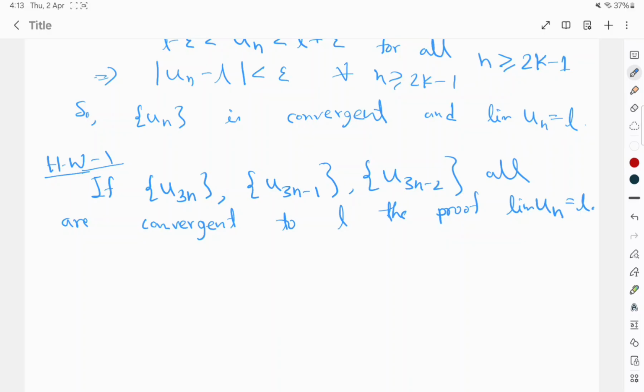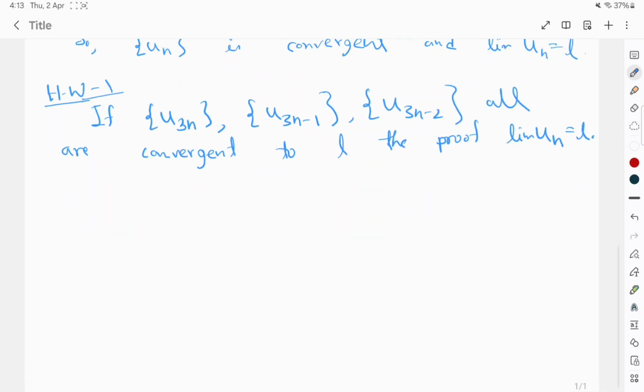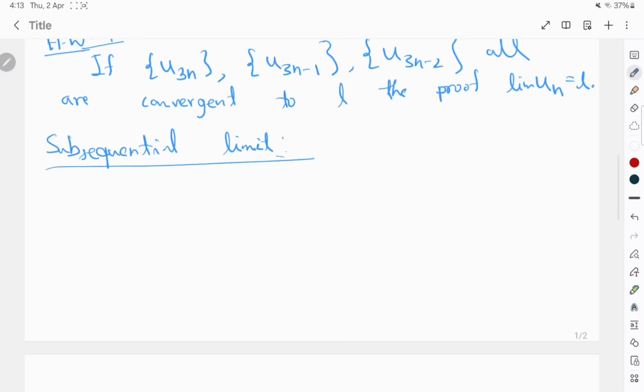Okay, next you have the subsequential limit. What is a subsequential limit? Let xn be a real sequence.